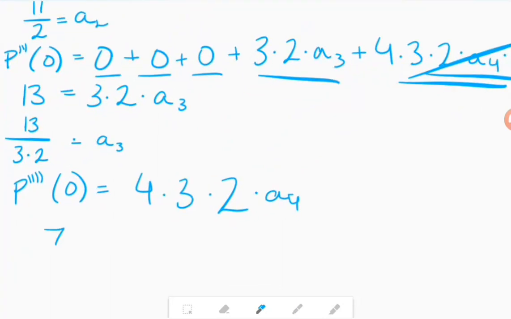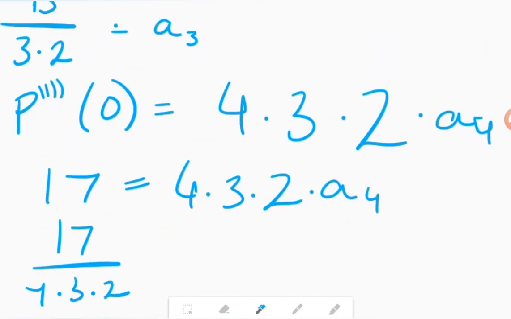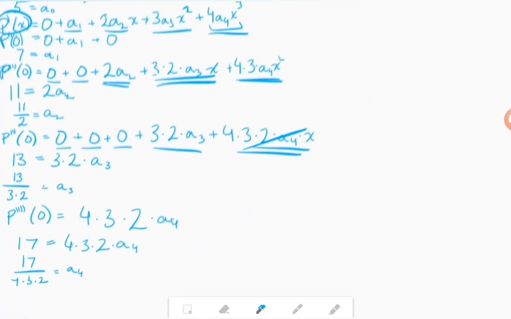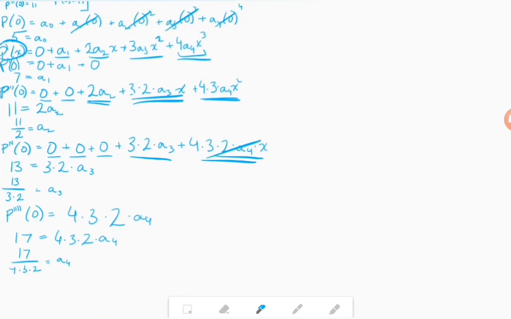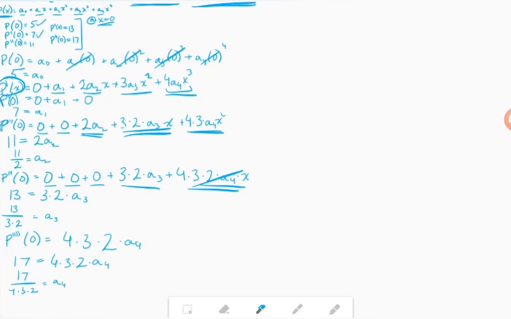So 17 is equal to 4 times 3 times 2 times a sub 4, and to find a sub 4, I just divide 17 by 4 times 3 times 2. So I have my a sub 0, a sub 1, a sub 2, a sub 3, and a sub 4 values, so I can construct this polynomial now.